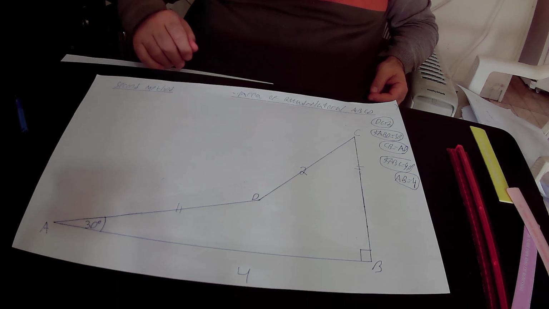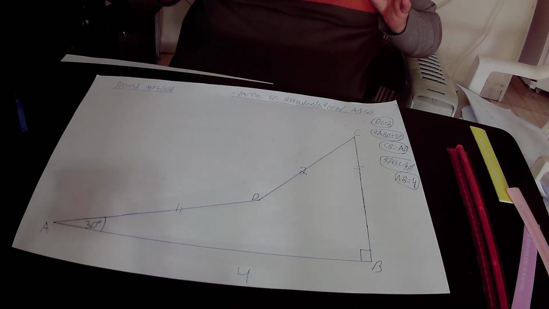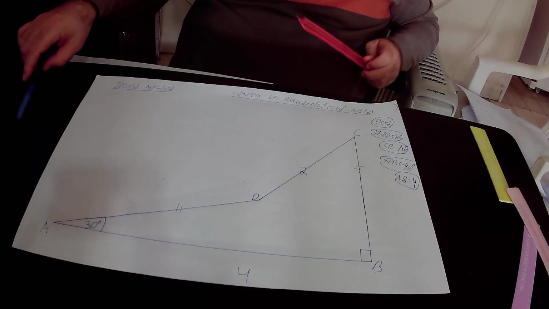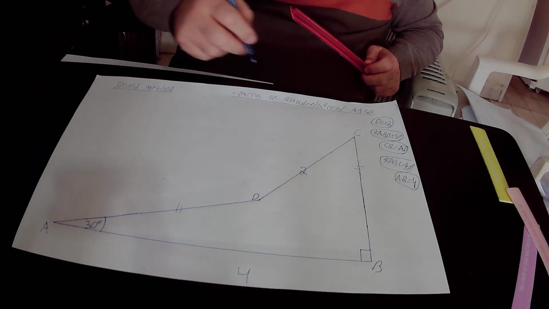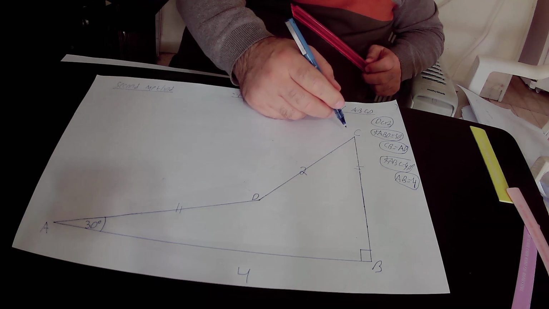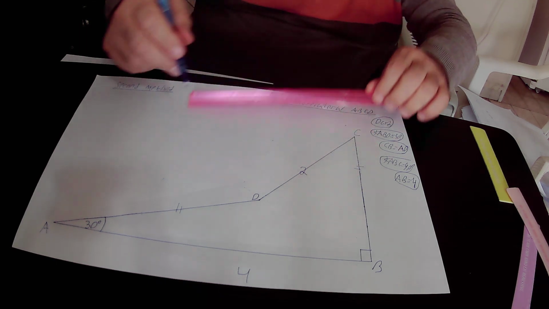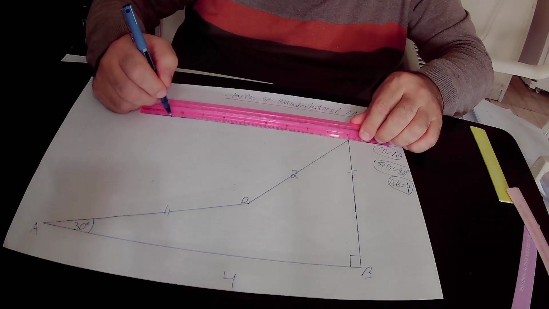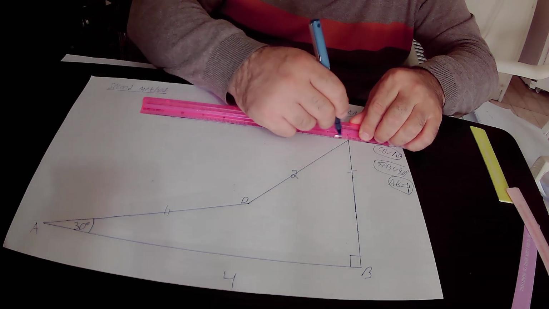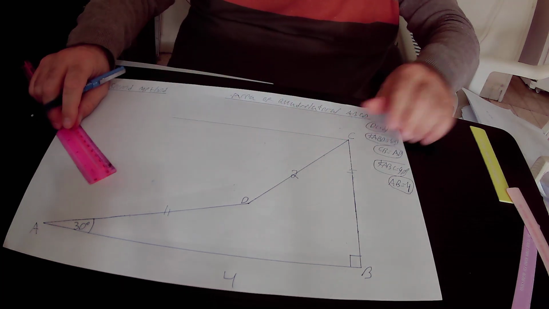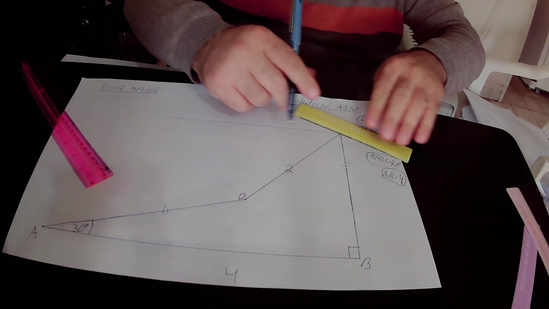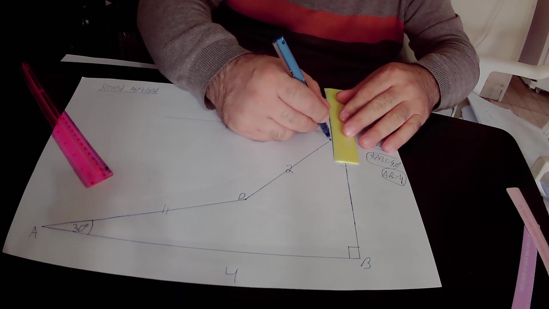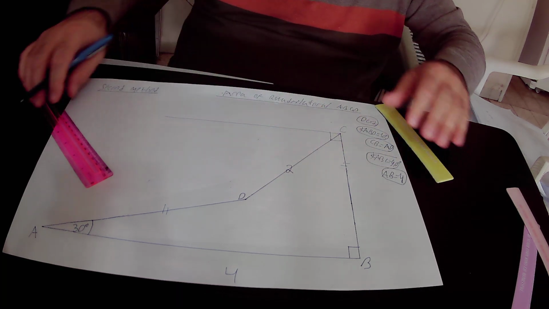In the second method, we will do another construction from point C. We will draw a perpendicular to CB. Therefore, this angle will be a right angle, that is to say it will be equal to 90 degrees.